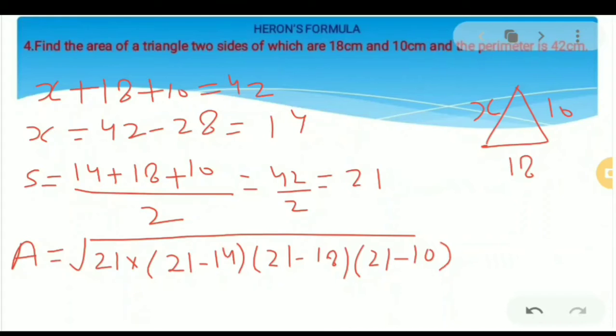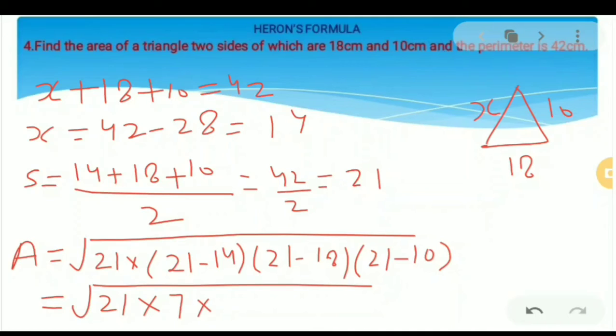So upon solving we will get 21, then 7, 3 and 11. So we have obtained 21 into 7 into 3 into 11.